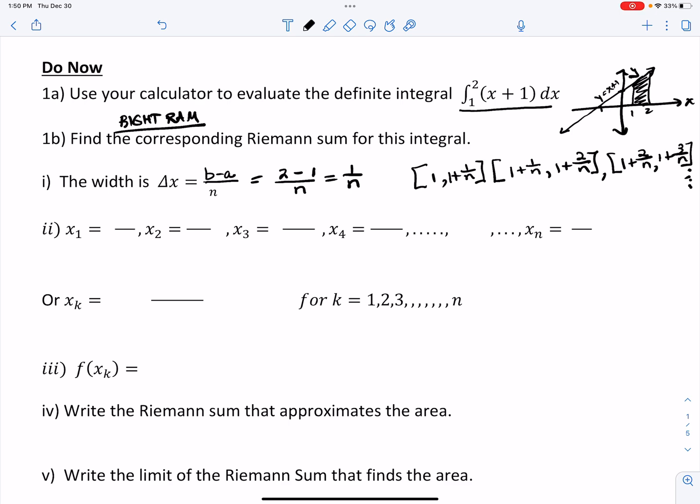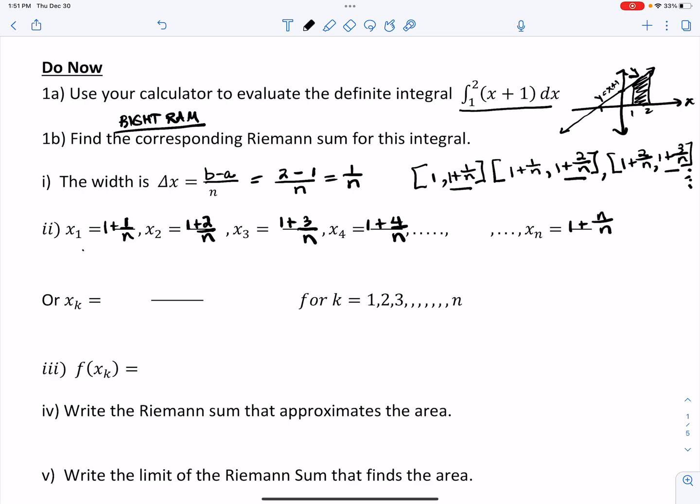So the right endpoint in each of these subintervals would be 1 plus 1 over n, 1 plus 2 over n, 1 plus 3 over n, 1 plus 4 over n, and the last one would be 1 plus n over n, which would give us our 2.